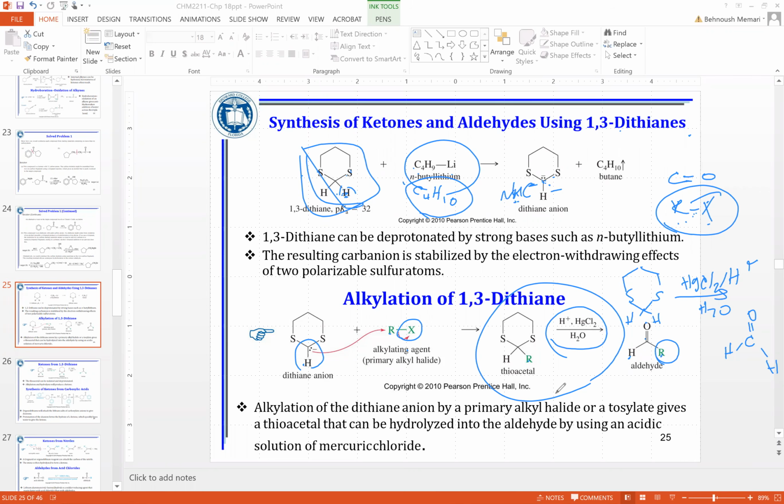What do you think should be done? And I'm going to give you a hint. What should be done before this step? Before hydrolysis? If you replace one of the hydrogens, you get an aldehyde. And if you want to get a ketone, what needs to be done before hydrolysis?